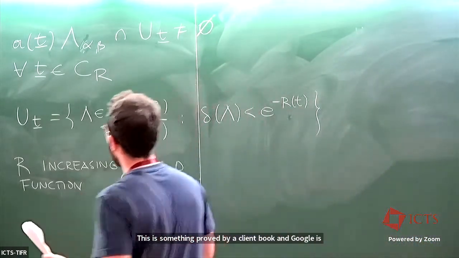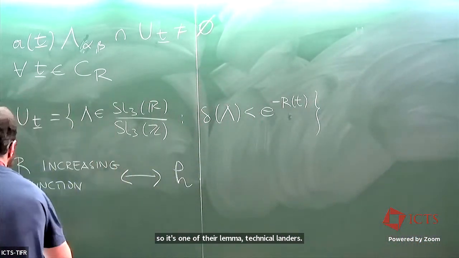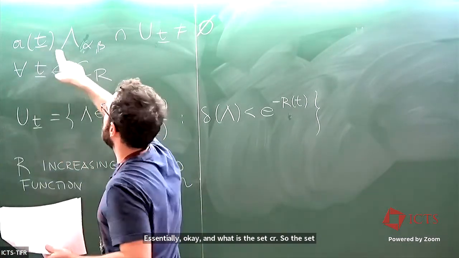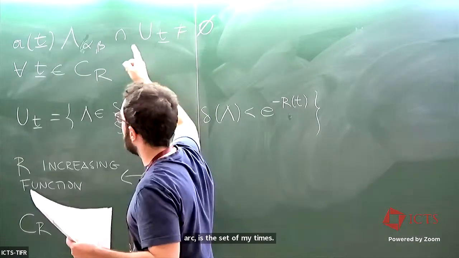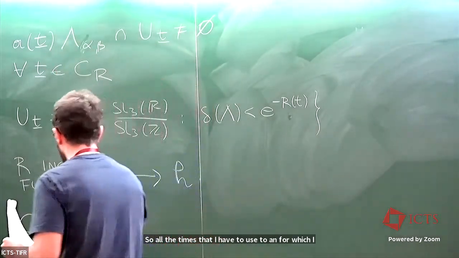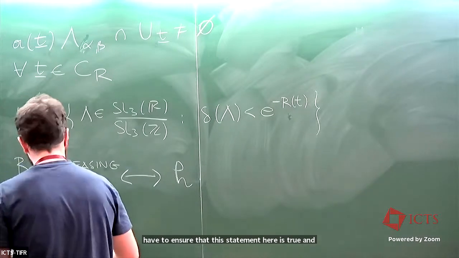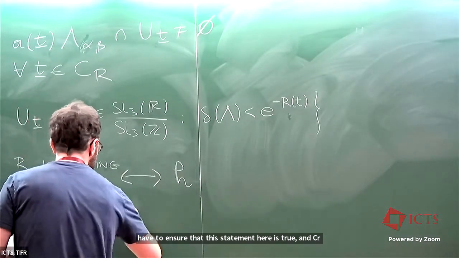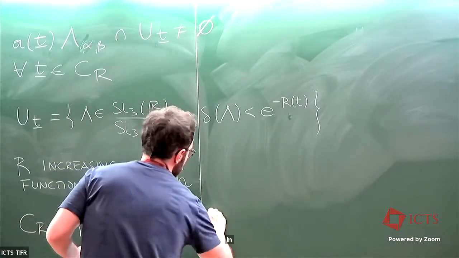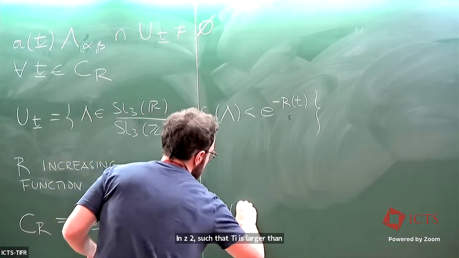Okay, and what is the set C_R? So the set C_R is the set of my times. So all the times for which I have to ensure that this statement here is true. And C_R is something like t in Z^2 such that t_i is larger than minus RT.